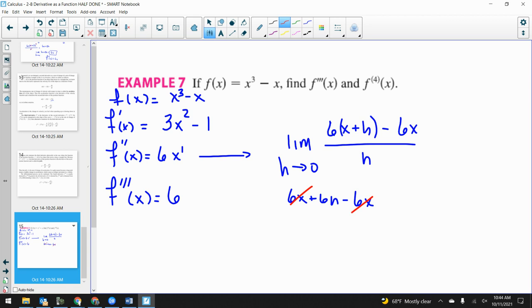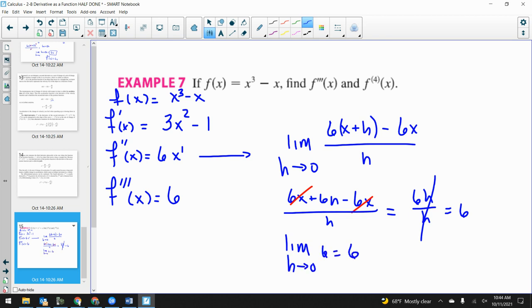Cancel, cancel. This is still all over h. 6h over h. What happens? So what is the limit as h goes to 0 of 6? Oh, we were right.